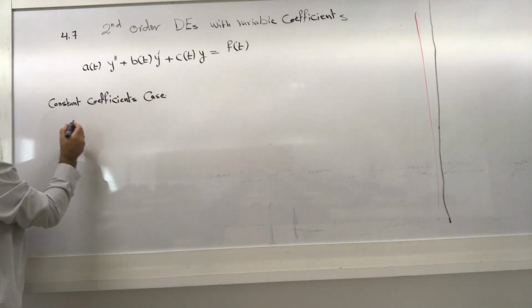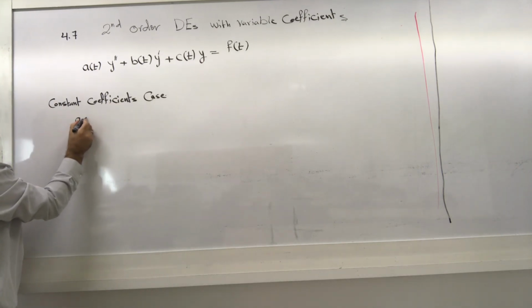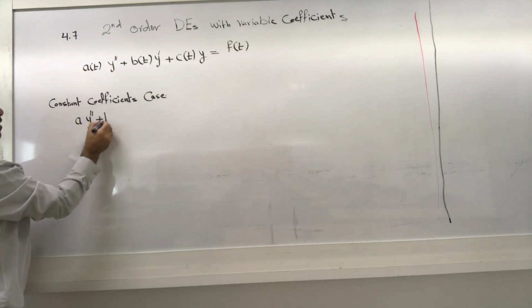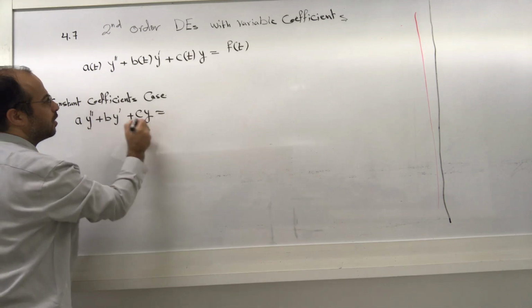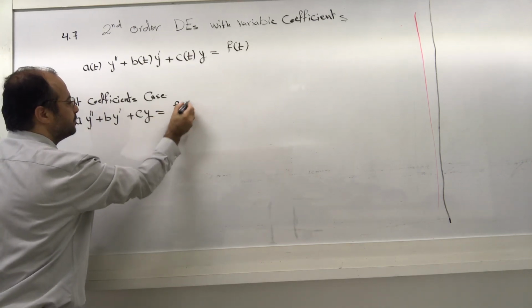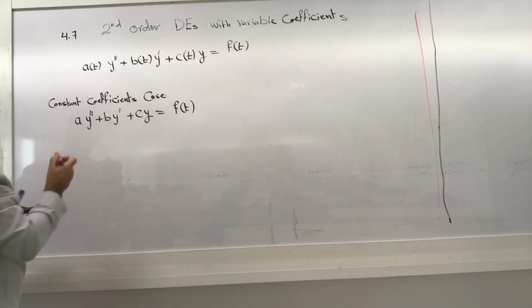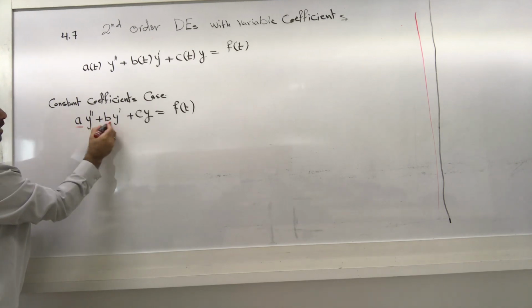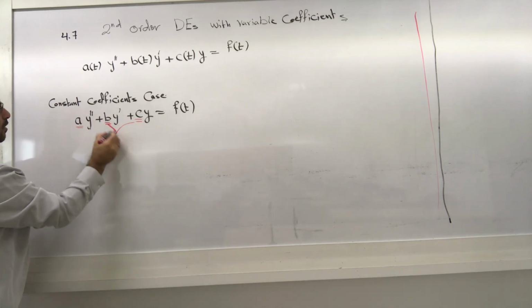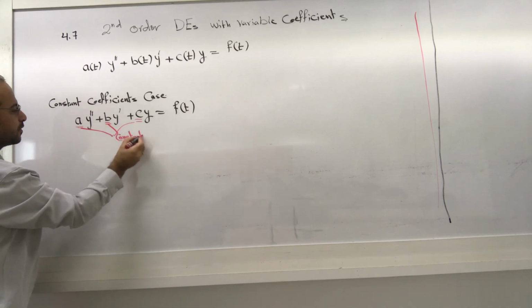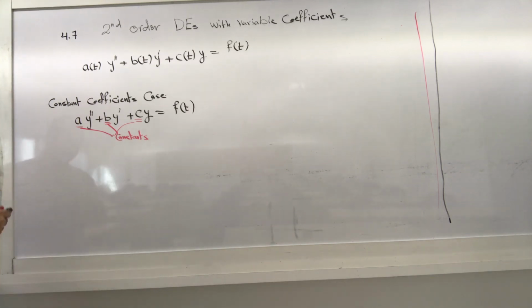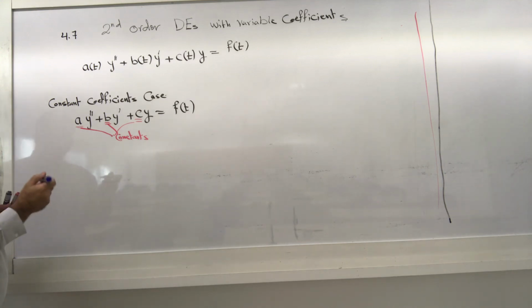It was when you have something like this, a y double prime plus b y prime plus c y equal function of t. And we discussed the case when a, b, and c are constants. So when they are constants, then we know the way how to solve this second order differential equation.